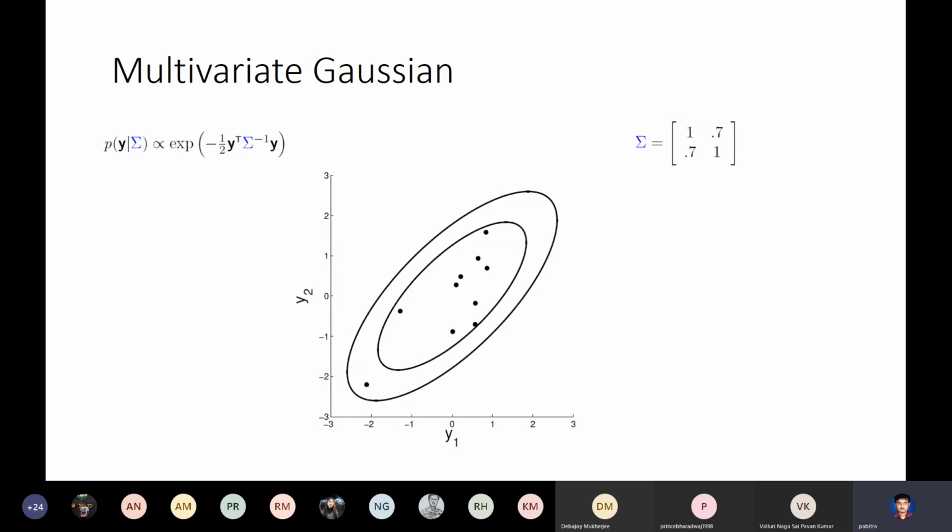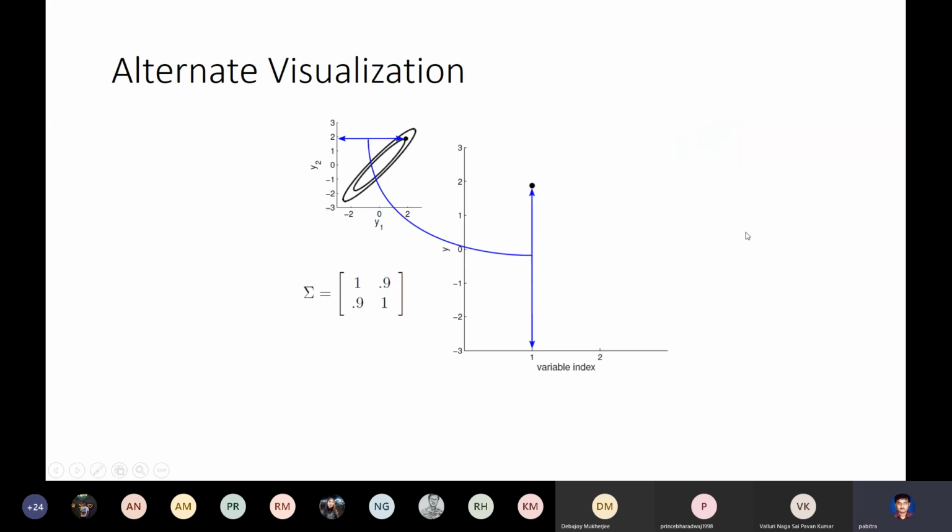In general, we can have a higher dimensional Gaussian, say y1, y2 up to yn. Visualizing such higher dimensional Gaussians might be difficult. One way of visualizing this, suggested by, I think not Kevin Murphy, I think David MacKay, is something like this. This is another Gaussian with variance 1 and covariance 0.9, a very narrow and elongated ellipse.